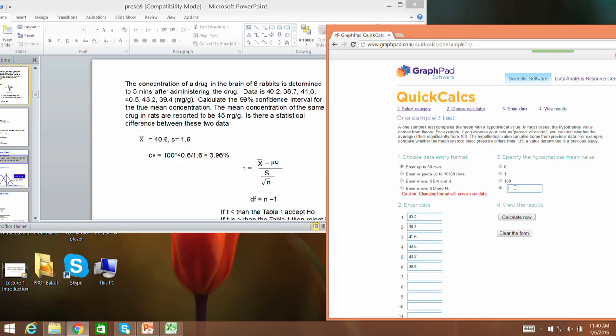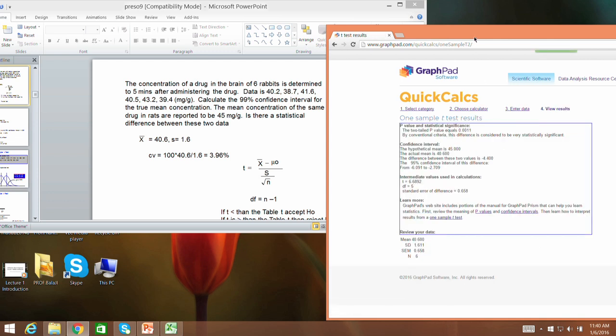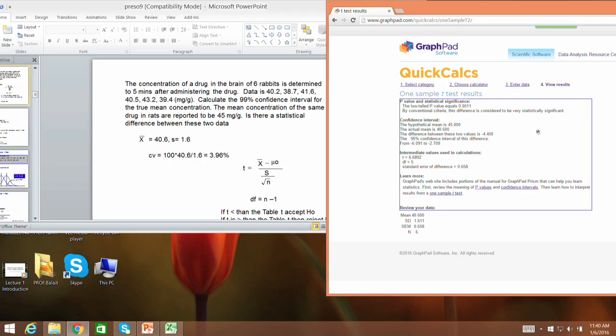Then we say we are comparing with 45. So we have 6, and then mu naught is here. Now when you say calculate, of course this gives you only the 95% confidence interval.